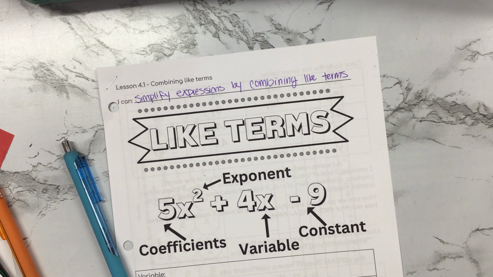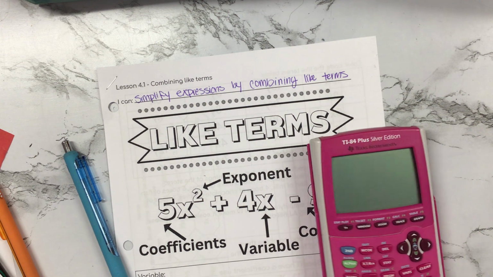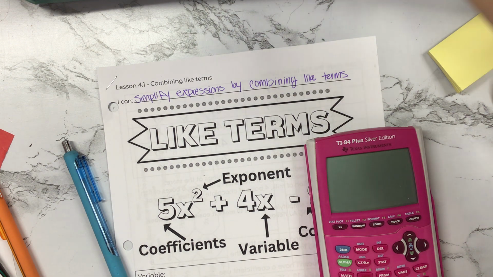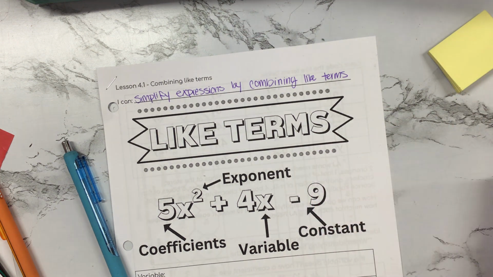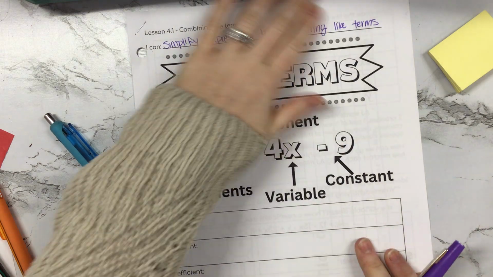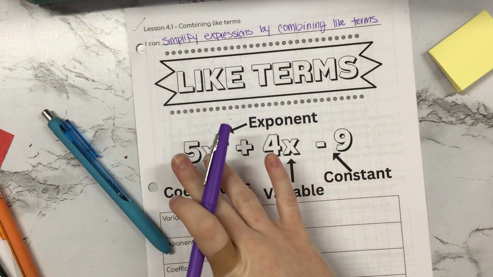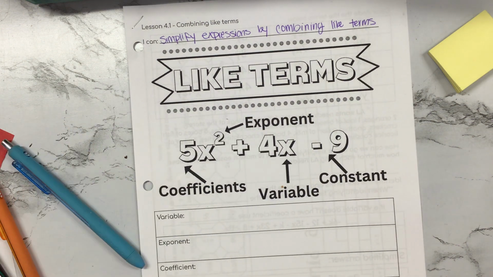And I'm gonna grab my calculator. Okay, so simplifying something means kind of like condensing it, reducing it, making it easier to deal with, easier to look at. So here we have this kind of diagram. We're gonna define each part.